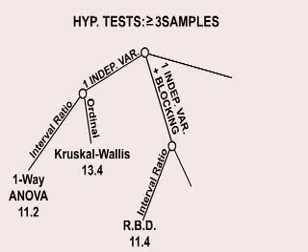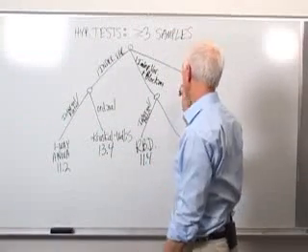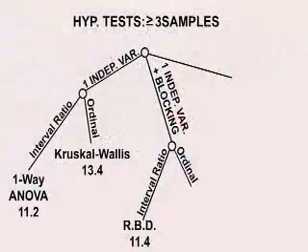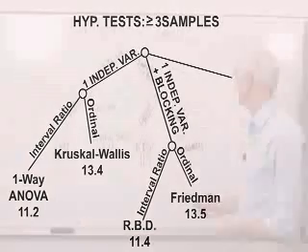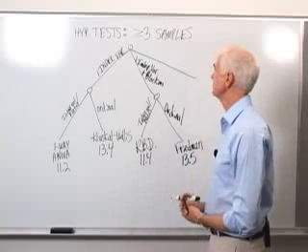in section 11.4. If, on the other hand, you have one independent variable and a blocking variable, but you have ordinal level data, then you're going to use the Friedman technique, which is a non-parametric test for blocking, and it is presented in section 13.5.